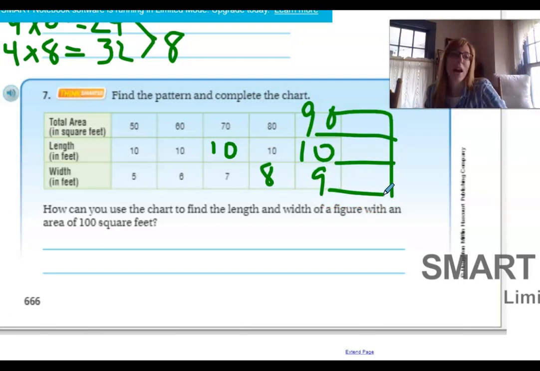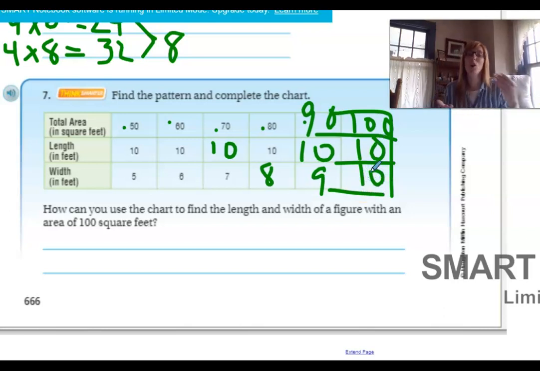So we have 50, 60, 70, 80, 90. There would be 100. Okay. We're looking for 100 square feet. Well, we got our 100, 10, 10, 10, 10, 10. So this would be 10. 5, 6, 7, 8, 9, 10. And we know 10 times 10 is 100.